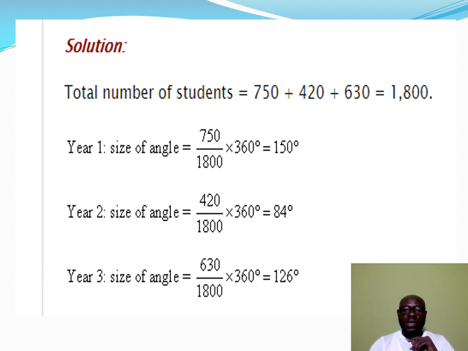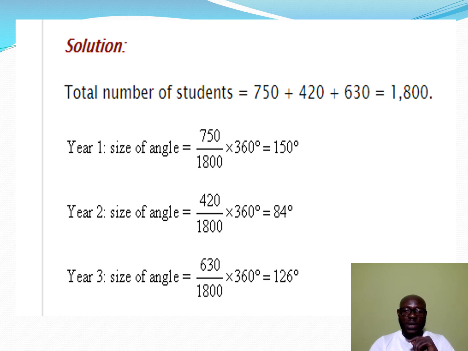Now year 2, the angle of the sector: the value over there, the students in year 2, gave us 420 over the total times 360 degrees. After simplification, we got 84 degrees.